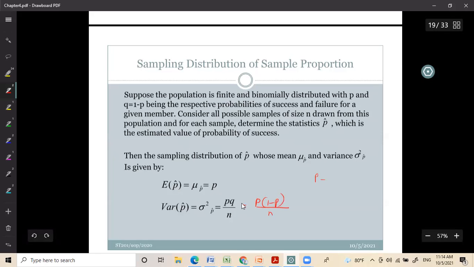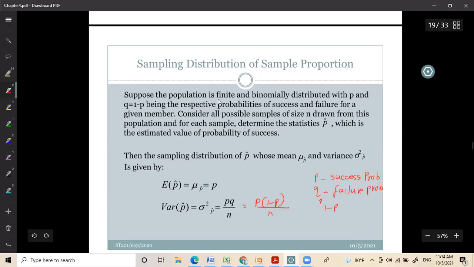So when you say P is the probability of success, this is the success probability, and Q is the failure probability. If you think about the probability of success, the remaining will be the probability of failure. Since the total probability is 1, Q is the same as 1 minus P.